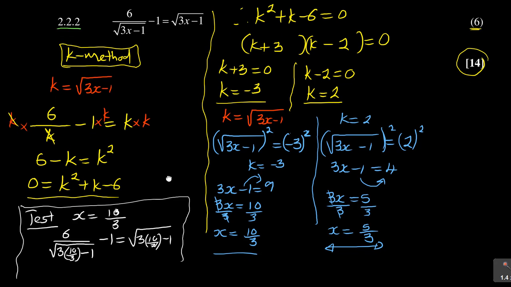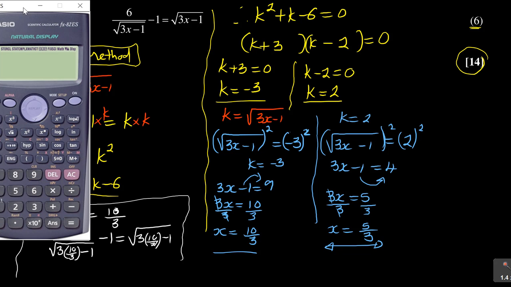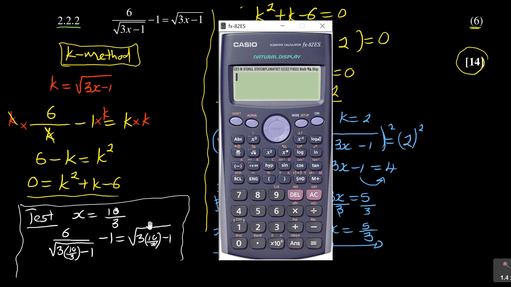This is how we're going to be testing the whole thing. So if I can take my calculator, remember the left hand side must balance with the right hand side. So let's start with the left hand side. I've got 6 over square root of 3 into fraction 10 over 3, and then I've got minus 1.